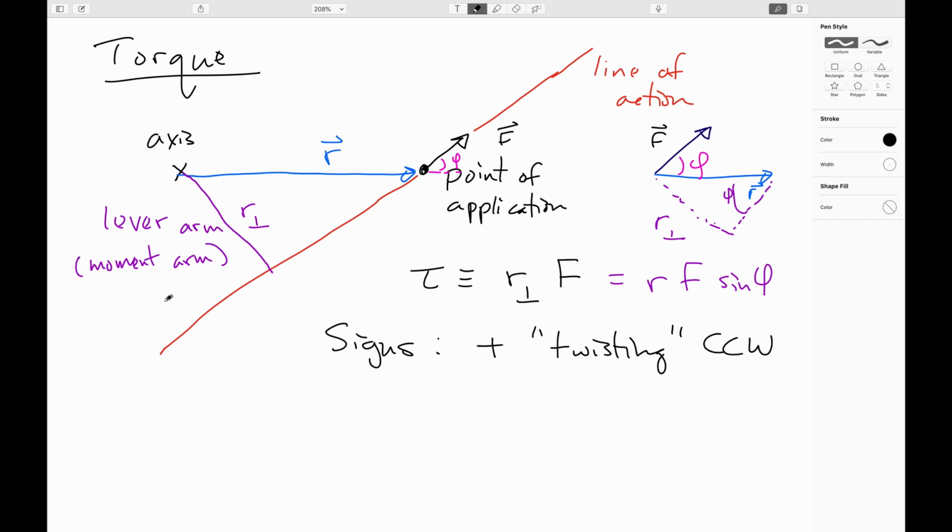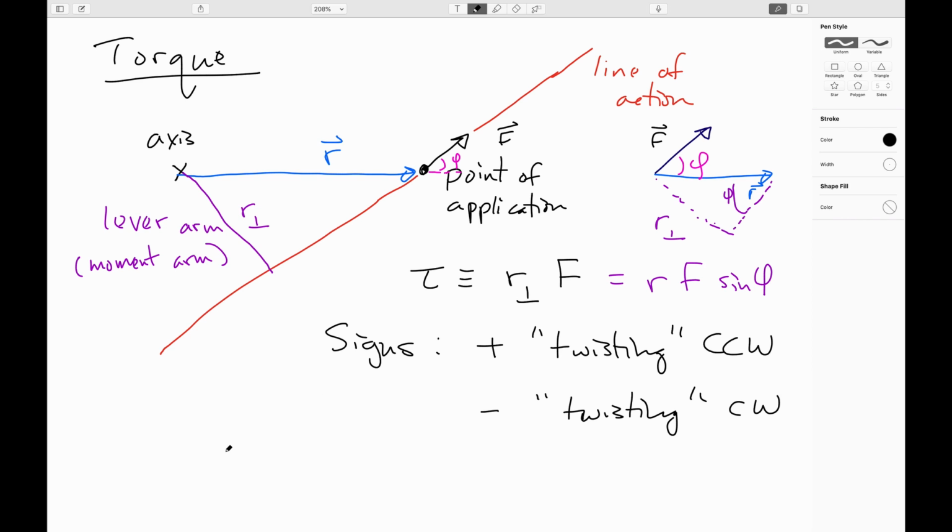So what I drew here is counterclockwise-ish, and negative if the force is attempting to twist something clockwise. Of course, you're free to define otherwise, but if you do, you need to say that out loud. This is the default choice.